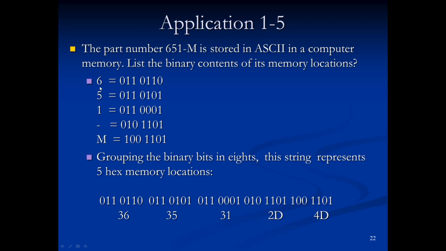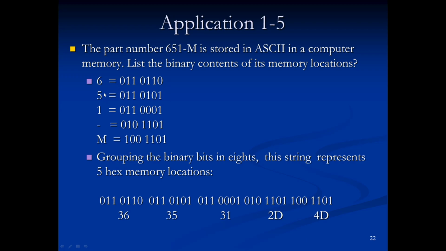So if we were to look up on the ASCII table the number 6, we would find that the ASCII code for 6 would be 36 hex, which then when we convert it to binary would look like this.